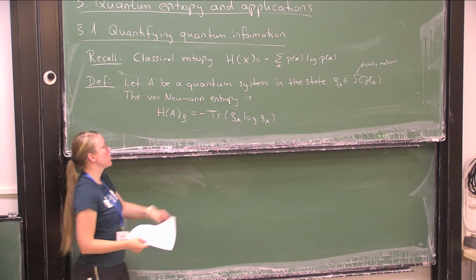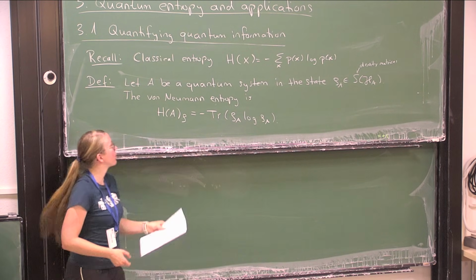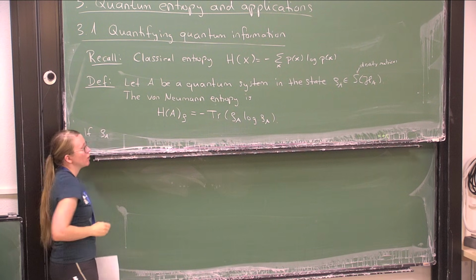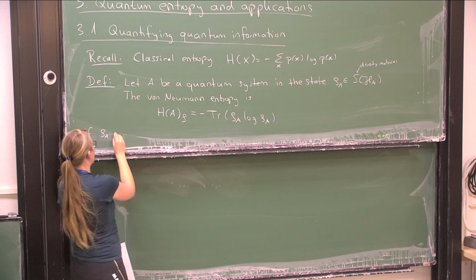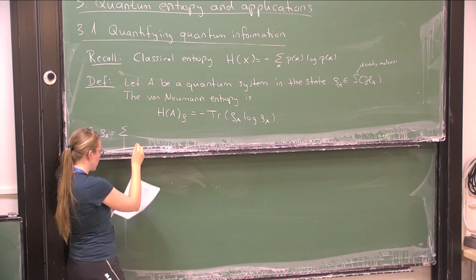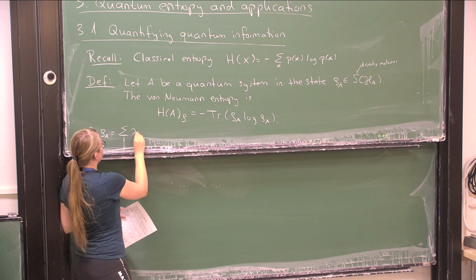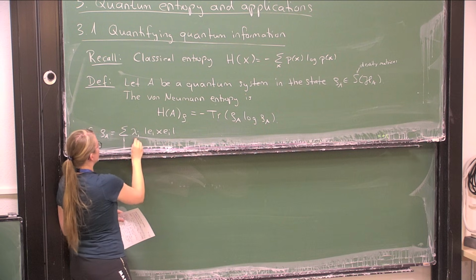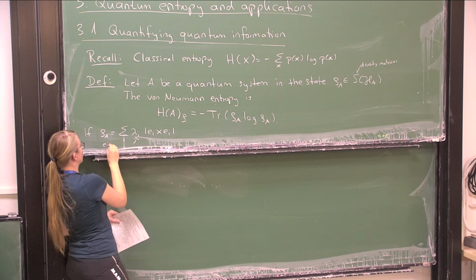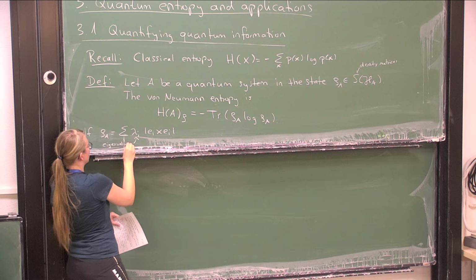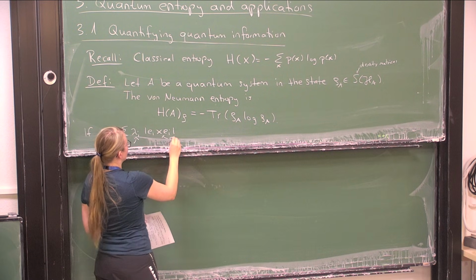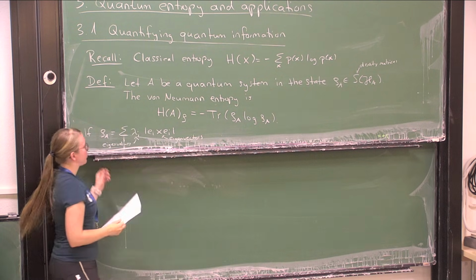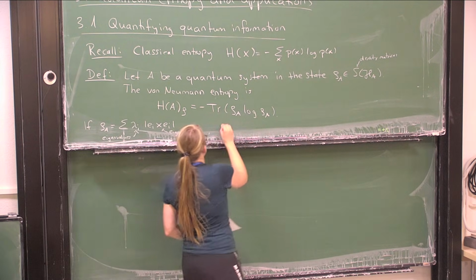And it has a very natural connection to the classical Shannon entropy, because if you know the eigenvalues and eigenvectors of the state rho, you can always write it in terms of them.